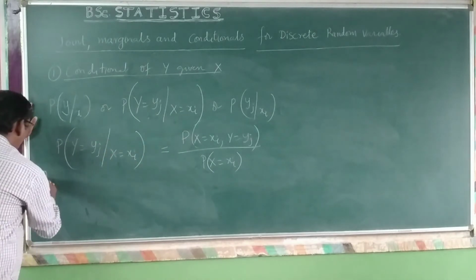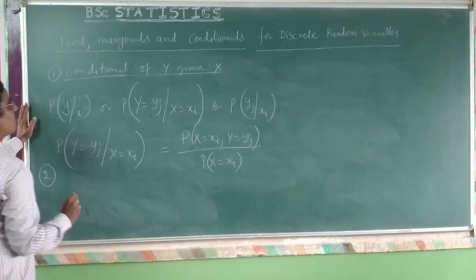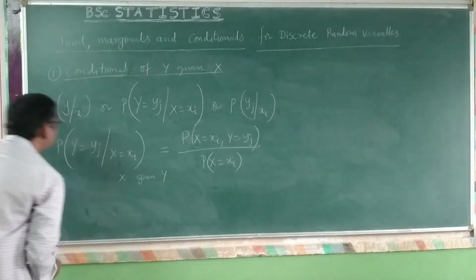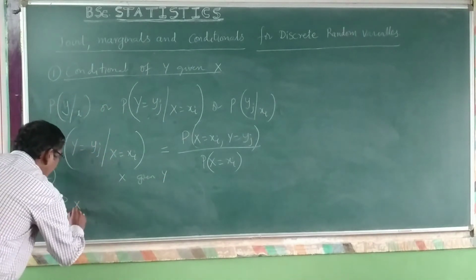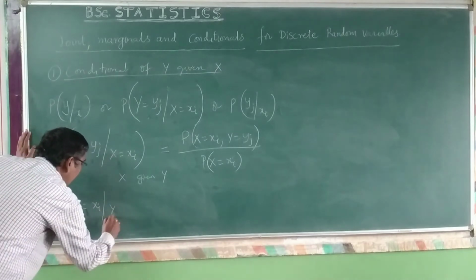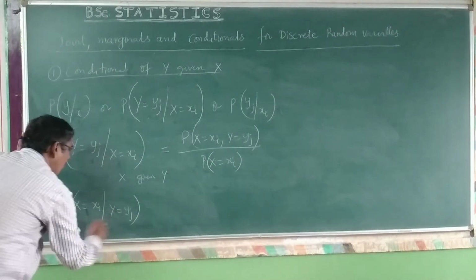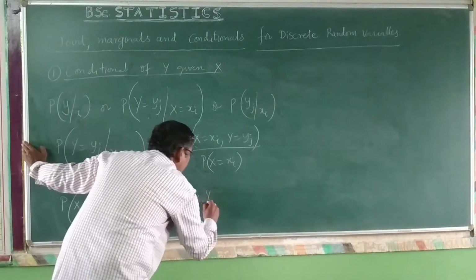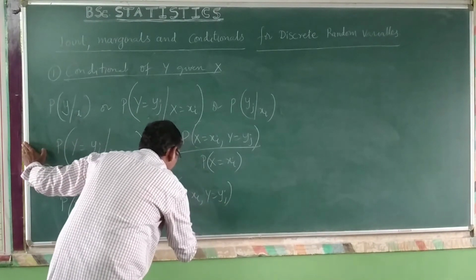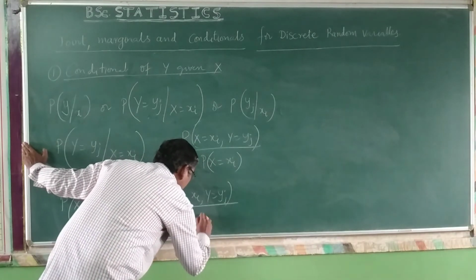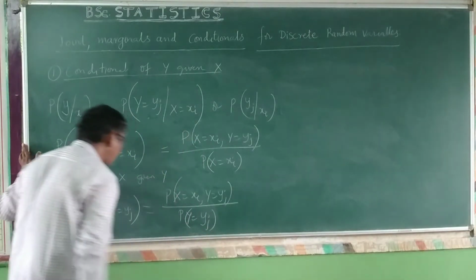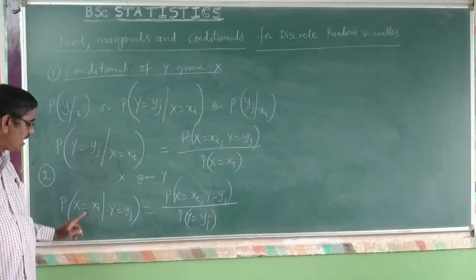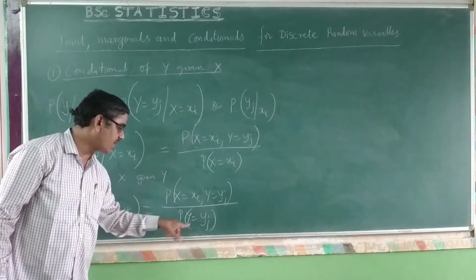Similarly, the second one is the conditional function of x given y. X given y is going to be calculated as probability of x is equal to xi given y is equal to yj, which equals probability of x is equal to xi, comma y is equal to yj, divided by probability of y is equal to yj. Again it is the same formula: a given b is probability of a intersection b divided by probability of b.